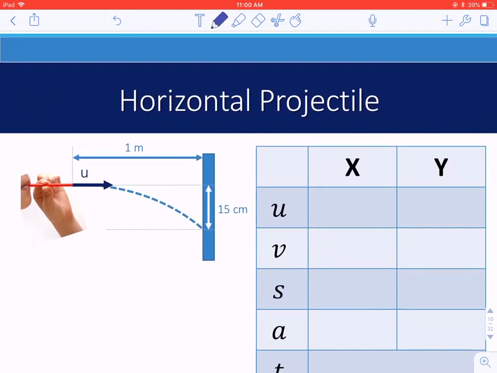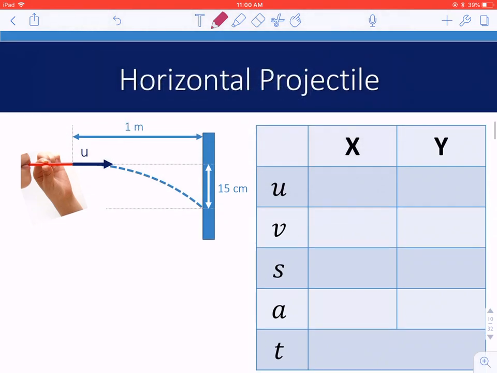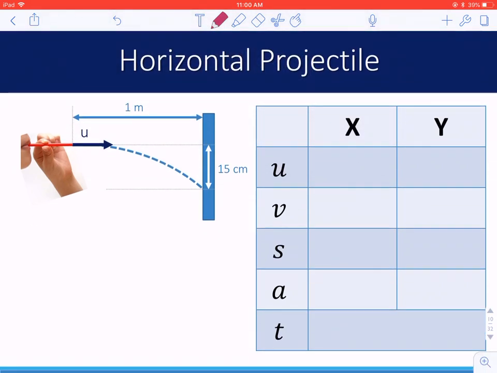So for a horizontal projectile like this, there are some things that we know about this scenario. This is the classic spitball example where we know it's 1 meter to get to the wall and it goes down by 15 centimeters. So we can plug those values into this chart. I apologize, this is in a different order than typically.